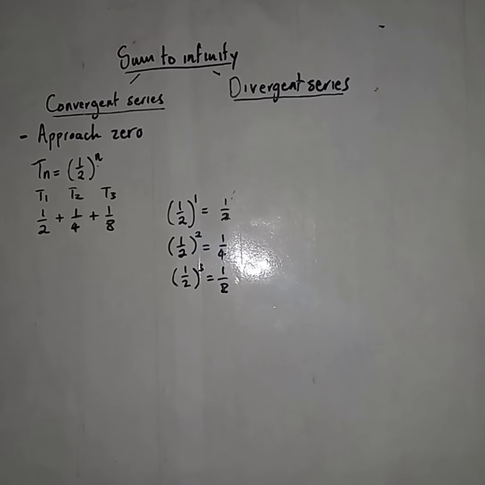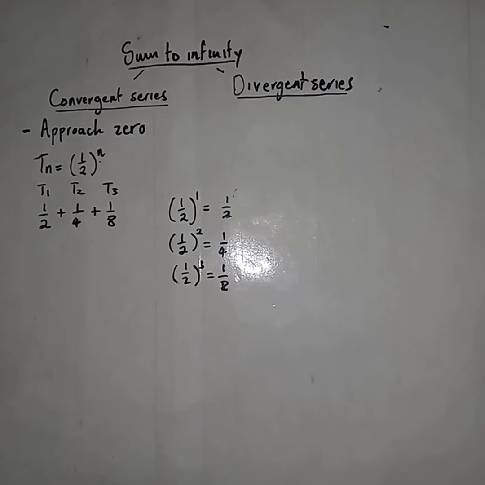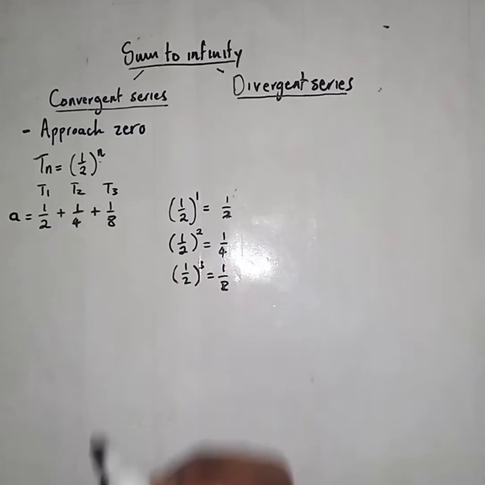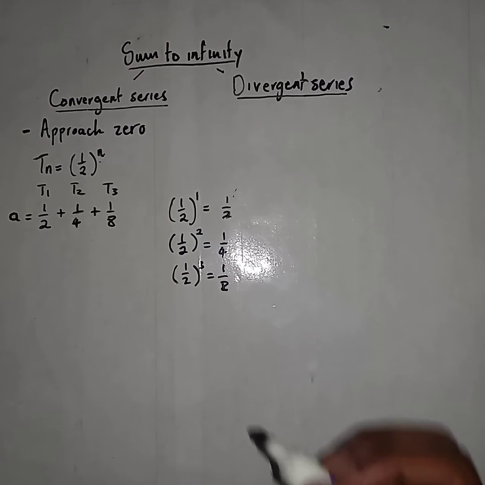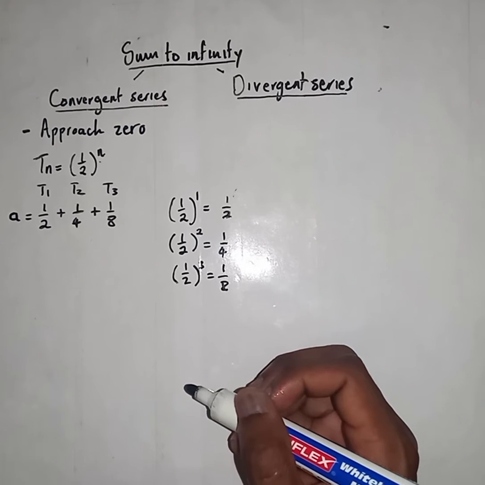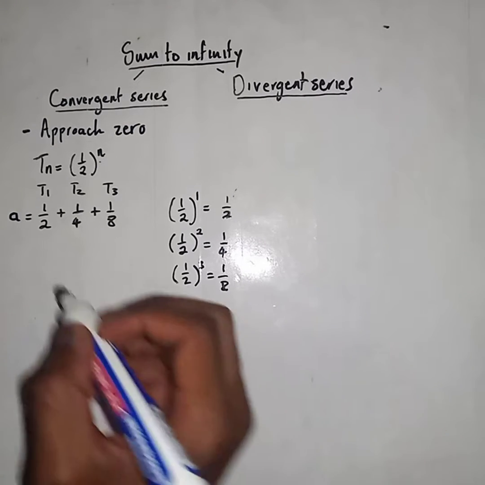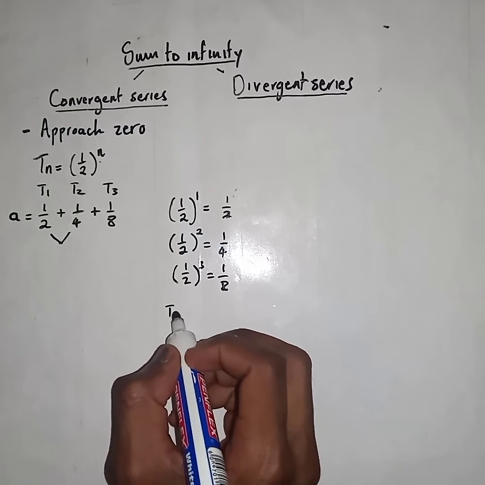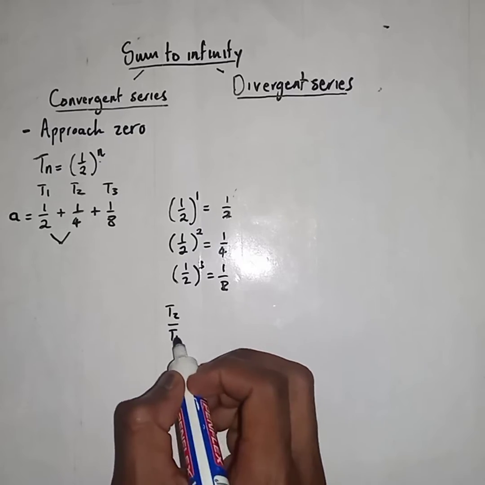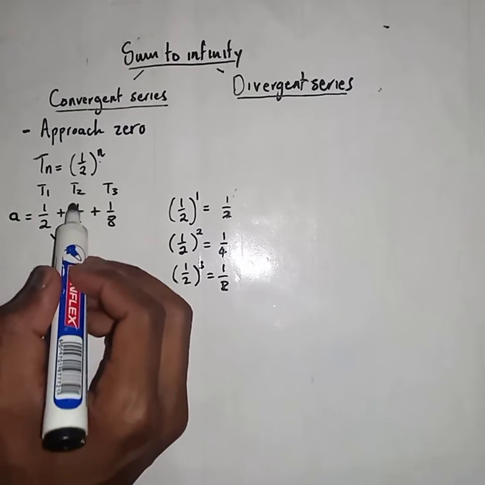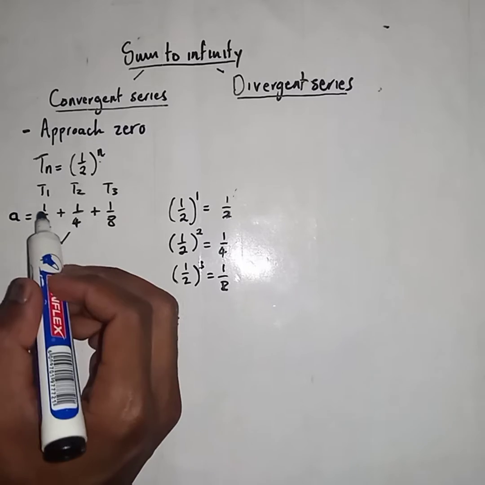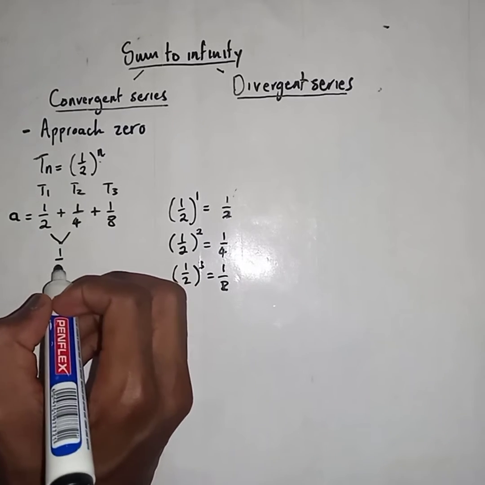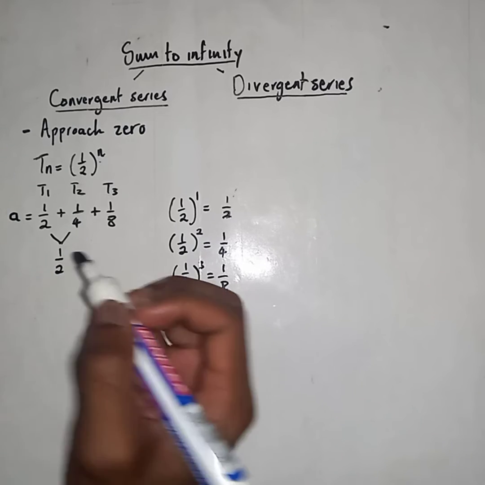We already know that the first term will always be the value of a. Now, if we were to determine the value of r, we'd say term 2 divided by term 1. Term 2, which is 1 over 4, divided by term 1, which is 1 over 2. It's so simple. We are going to get 1 over 2.